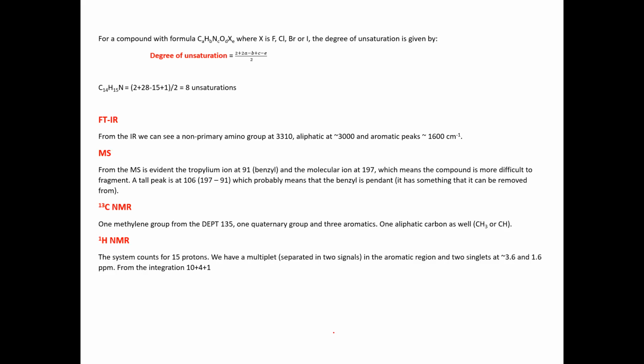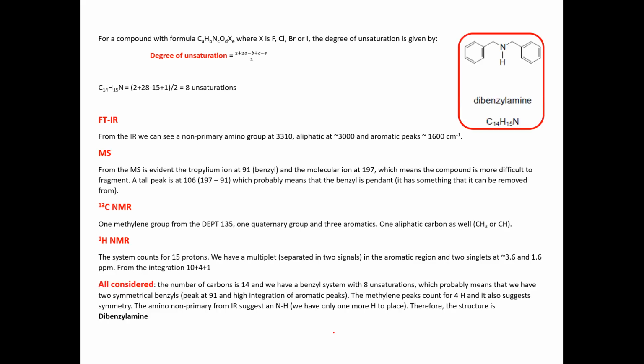The one at 1.6 is the one that is substituted with deuterium, which suggests it's the NH. So this molecule is actually quite simple. You see the symmetry? It's so symmetrical that eventually you have 1, 2, 3, 4, 5 carbon environments only, basically.